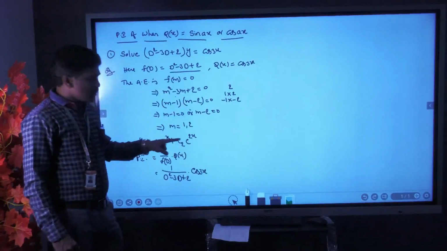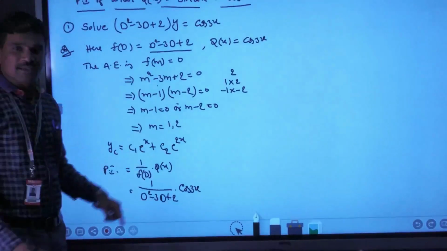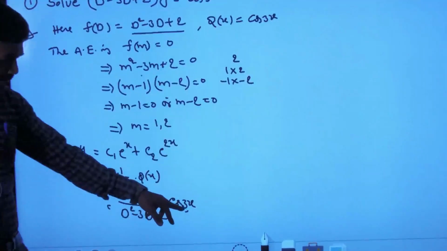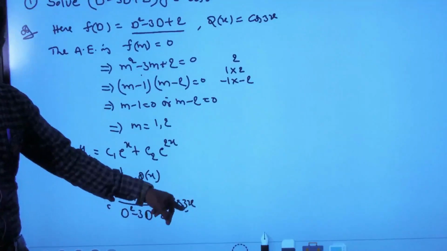In this case, we have to replace d square with minus a square. What is a here? A is 3. So we replace d square with minus 3 square, that means minus 9.